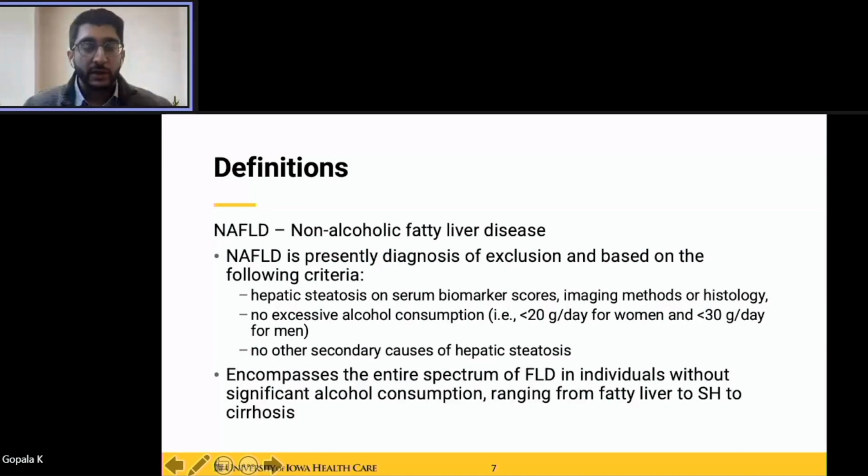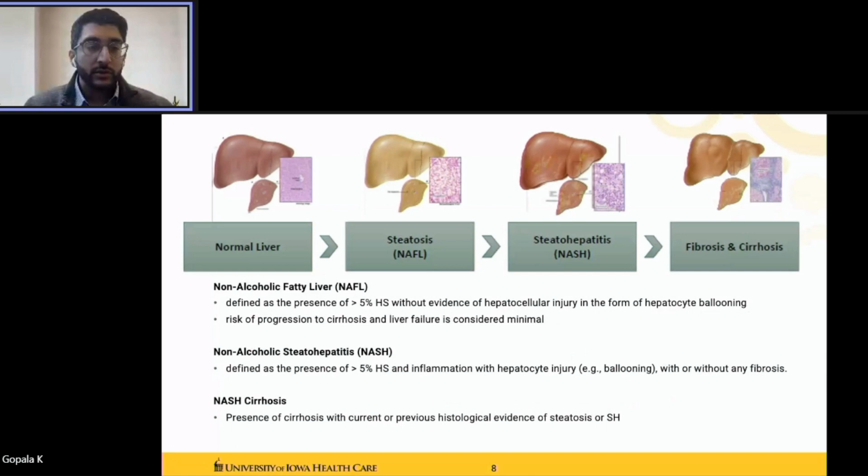NAFLD is the umbrella term of fatty liver disease not due to alcohol. So it includes non-alcoholic fatty liver, which is defined as greater than 5% of hepatic steatosis on biopsy without evidence of hepatocellular injury, and the risk of progression is very low.